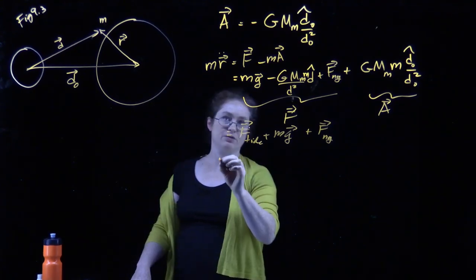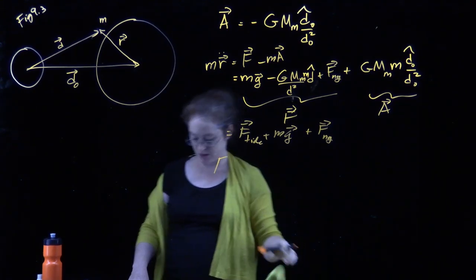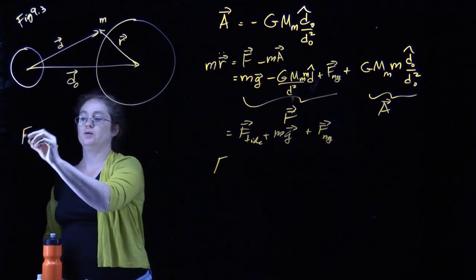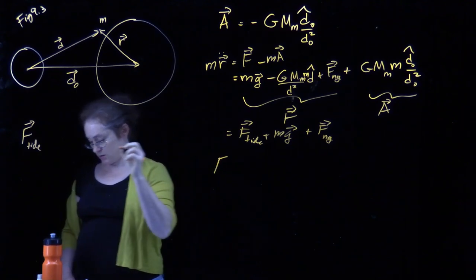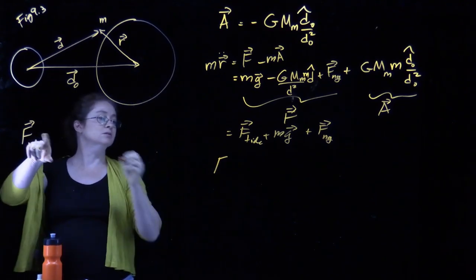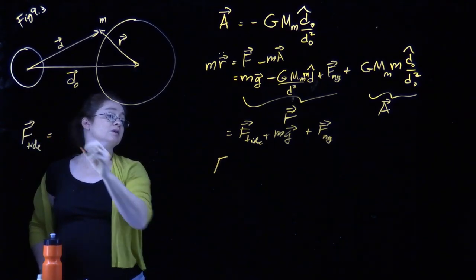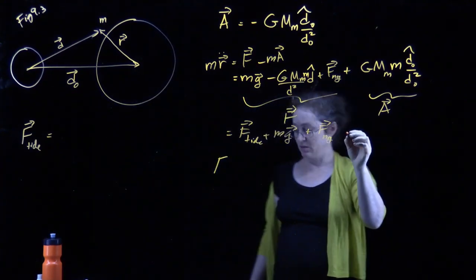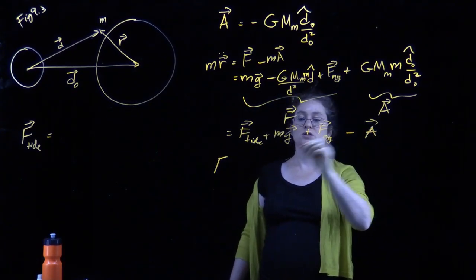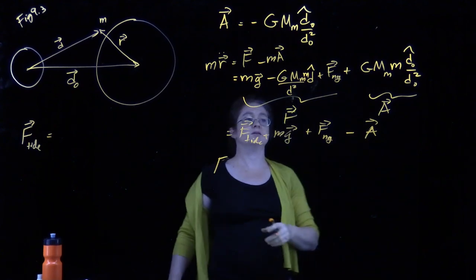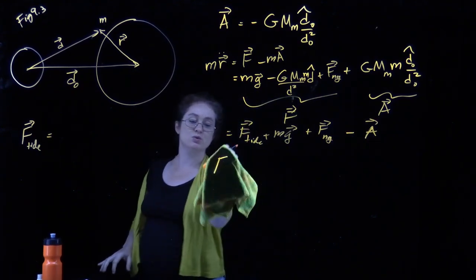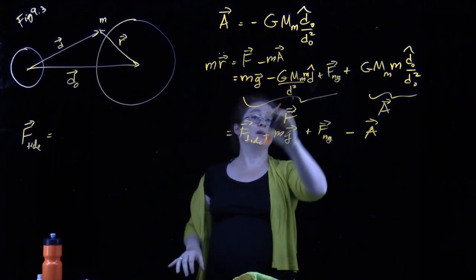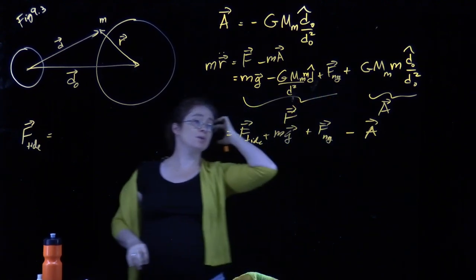So we are left with, let me migrate it over here, the force of the tides is, oh, and then minus A. I like to make sure that what I write on the board is actually true. So then we can read by comparison between these two equations.